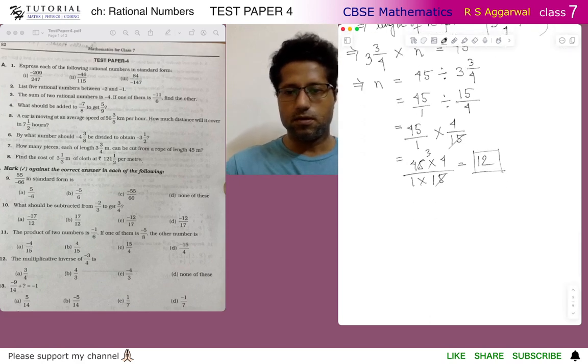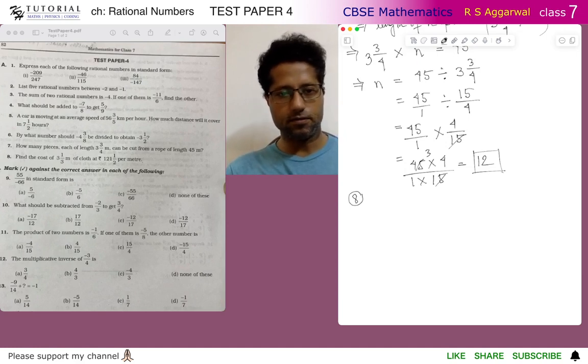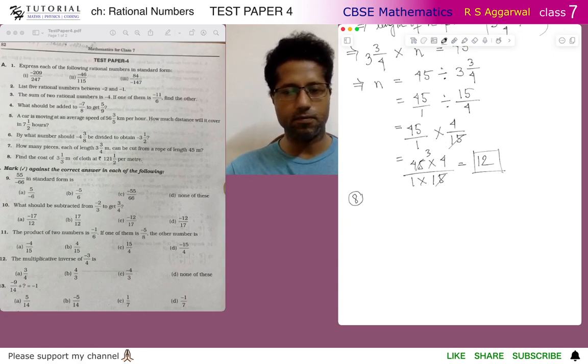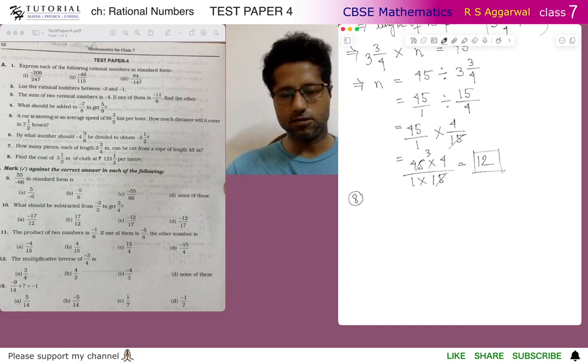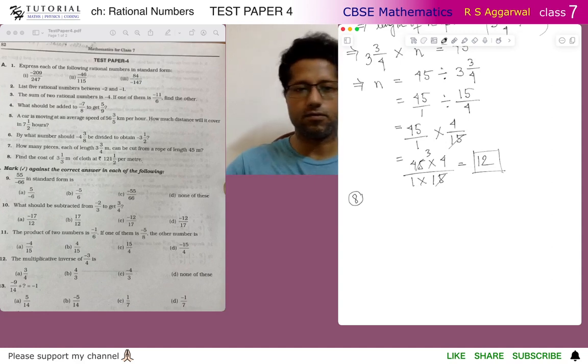Okay, let's do question number 8. Find the cost of 3 and 1 by 3 meter of cloth at rupees 121 and a half per meter. Find the cost of cloth whose length is 3 and 1 by 3 meter, where it is given that the cost of 1 meter of cloth is 121 and a half rupees.